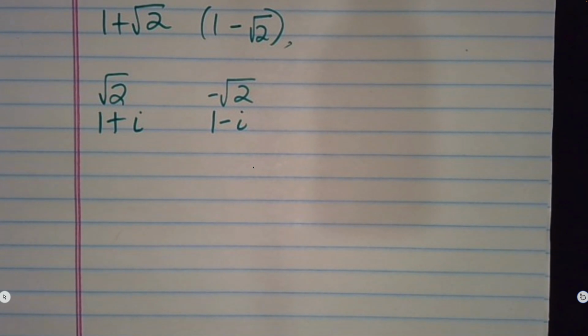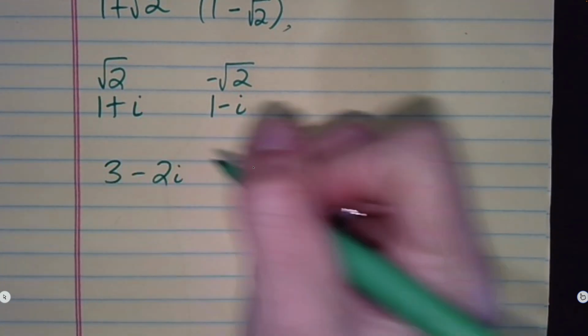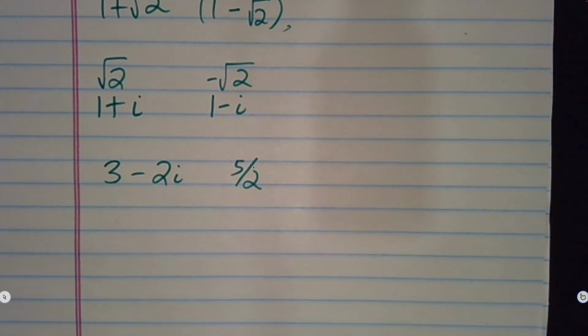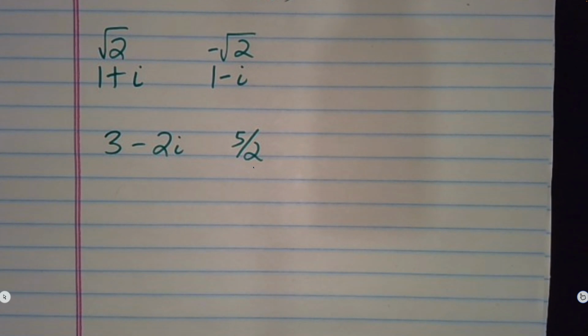What if they have a cubic polynomial? How many roots do you think we're going to have? Cubic? 3. Okay, so they said if we have 3 minus 2i is a root, and 5 halves is a root, how many am I missing? I'm at 2, so I'm missing 1. What do you think it's going to be? 3 plus 2i.